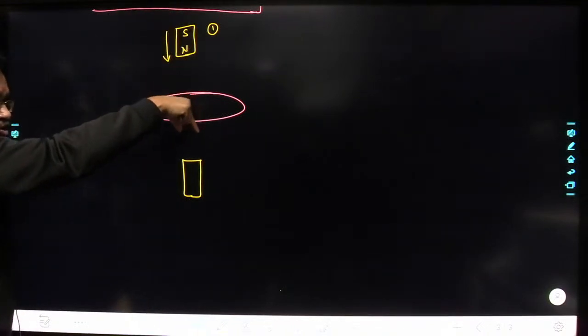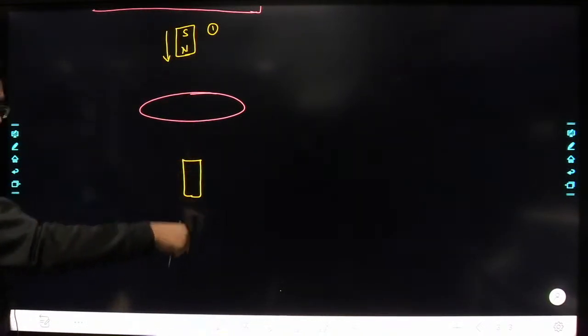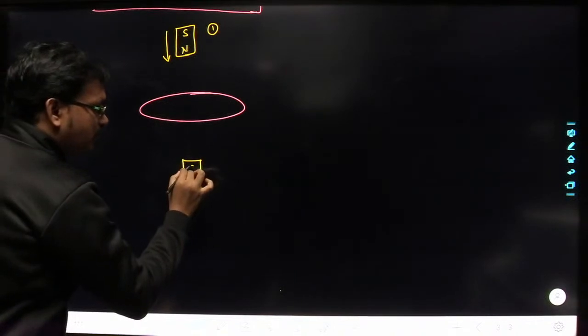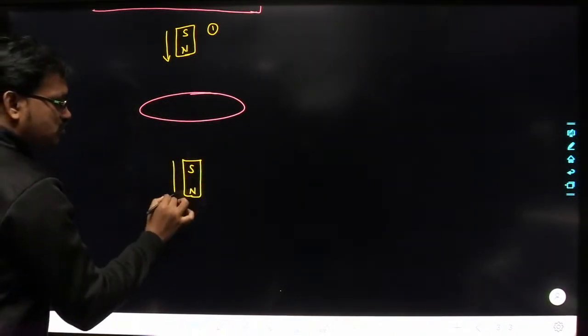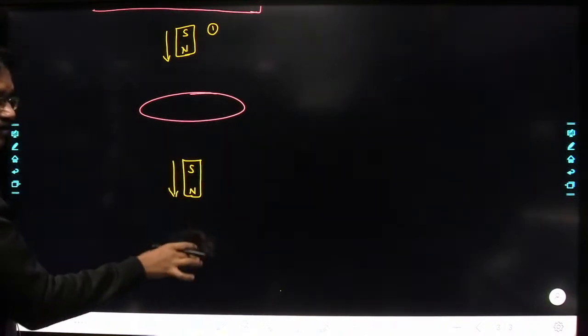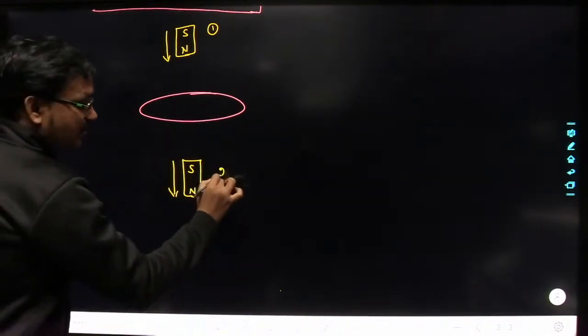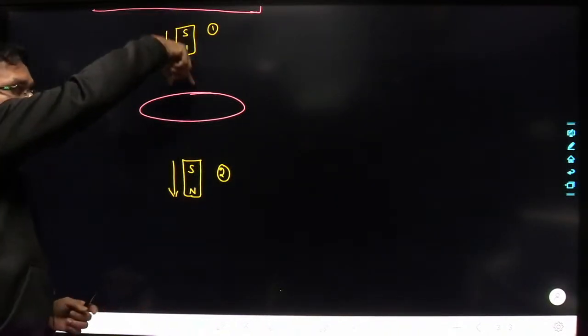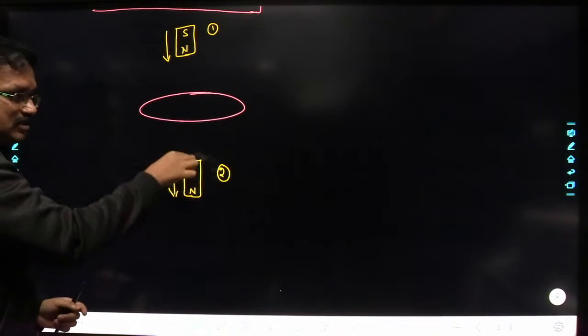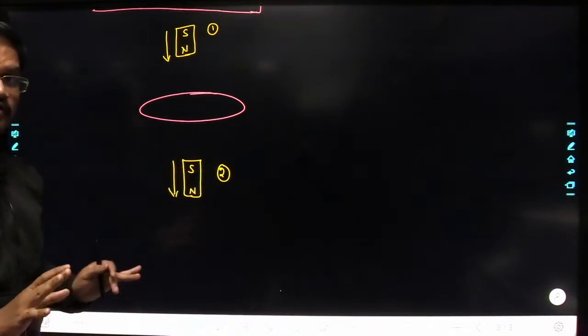It has crossed the loop. Now it is moving like this. Okay. So here you are going to have south pole and here you are going to have north pole. So now it is moving away from the loop. So this is the second situation. So in the first case, the magnet is moving towards the loop, and in the second case, the magnet is moving away from the loop.